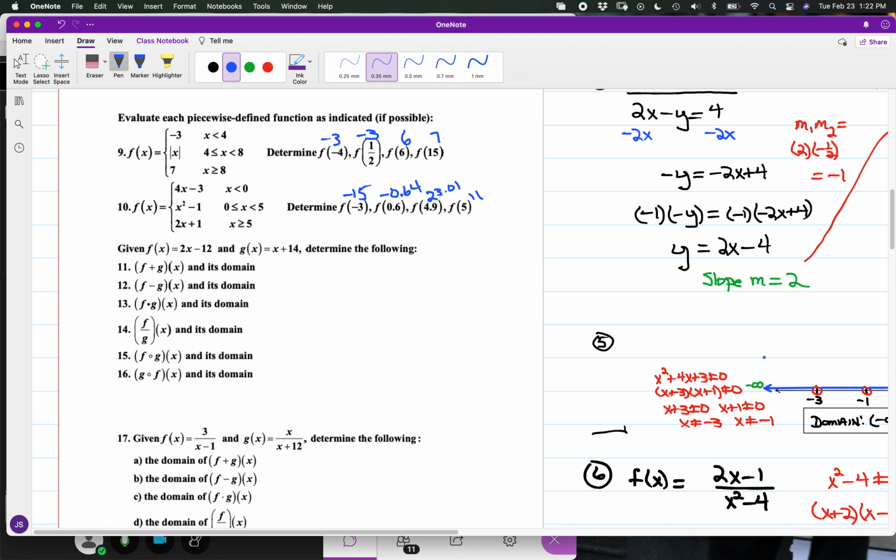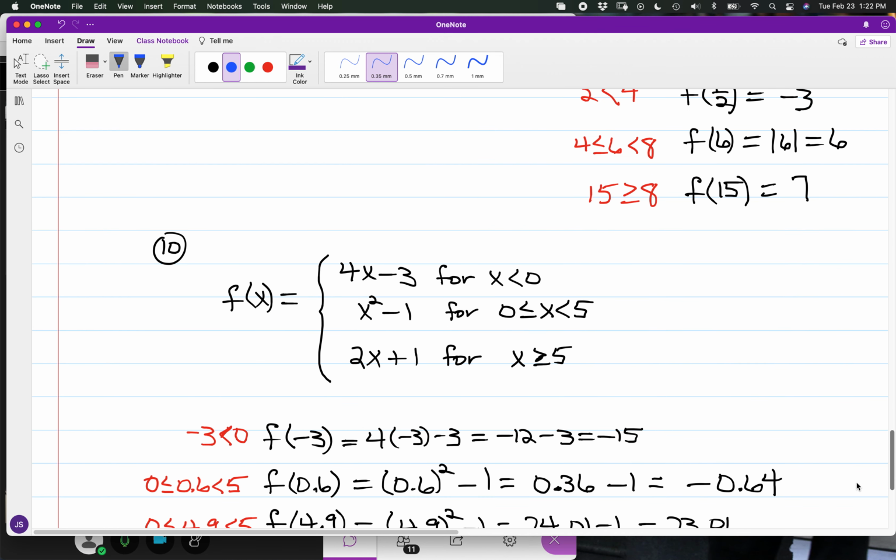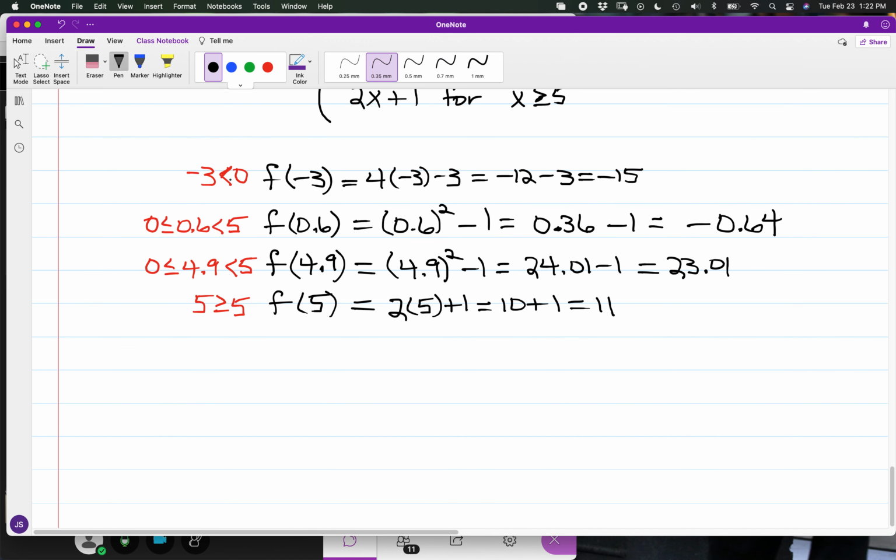And for what we have in the setup, we have f of x is equal to 2x minus 12, and g of x we have equal to x plus 14.